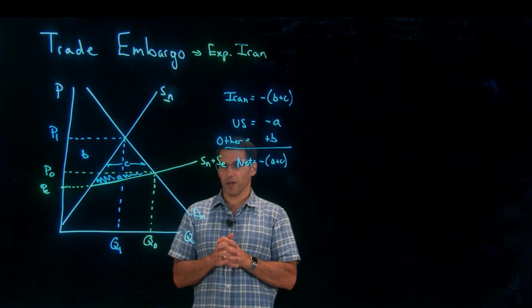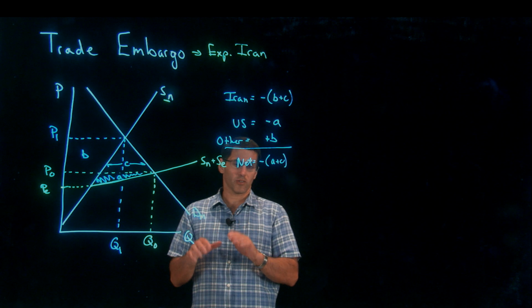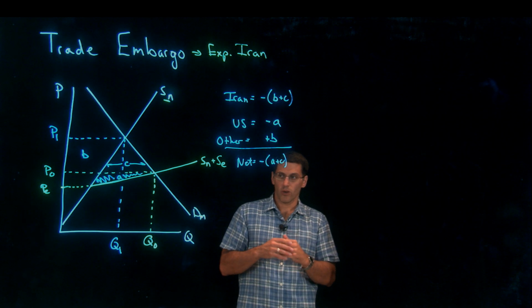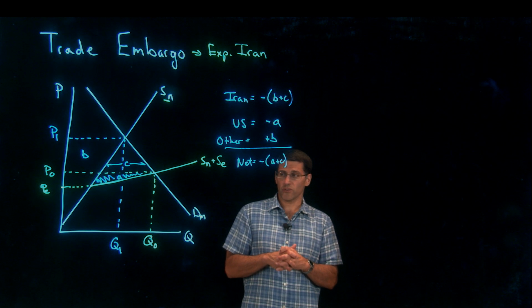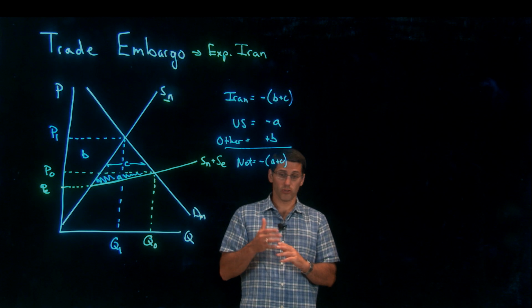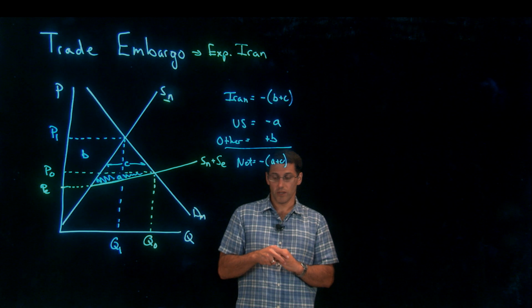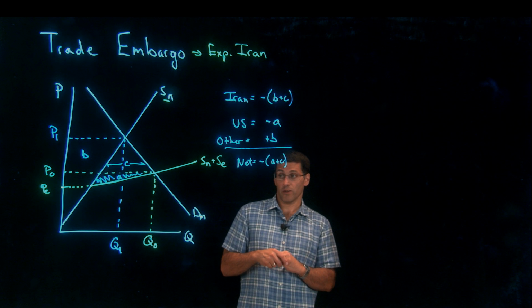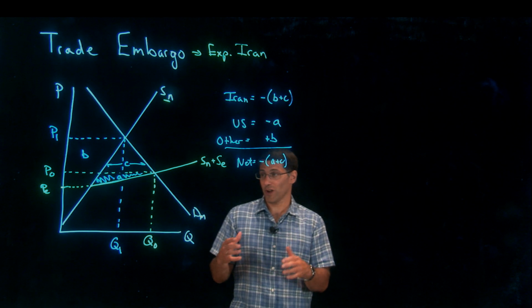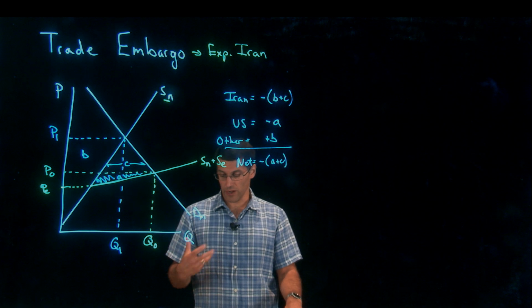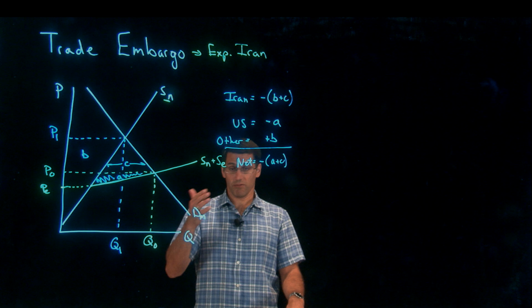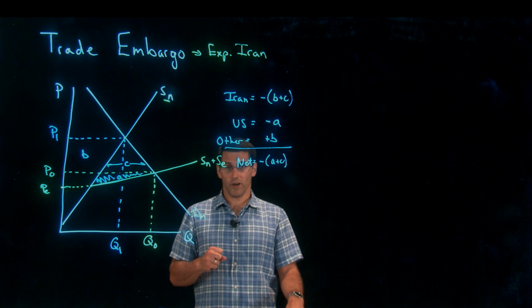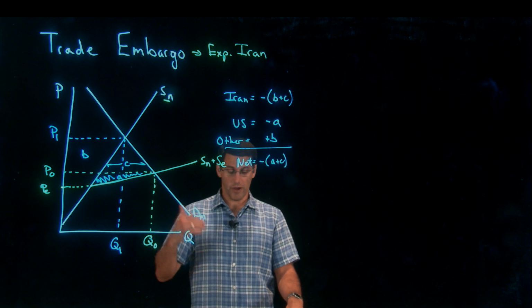Interestingly enough, it's going to depend on where you line up. So if we're trying to understand politically where countries sit, we have to understand, do they stand to gain or lose from the embargo? Other countries are not necessarily going to want to join the embargo. They would rather be able to continue selling goods to Iran at a higher price. Okay? So they might be very happy to have the U.S. go ahead and put the embargo in place, knowing that they'll be better off.